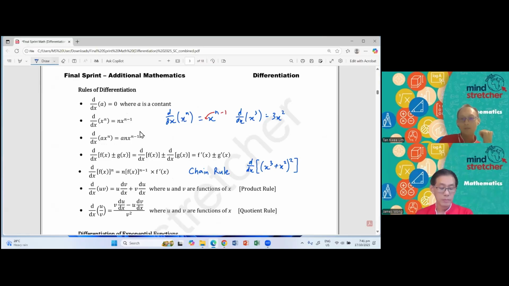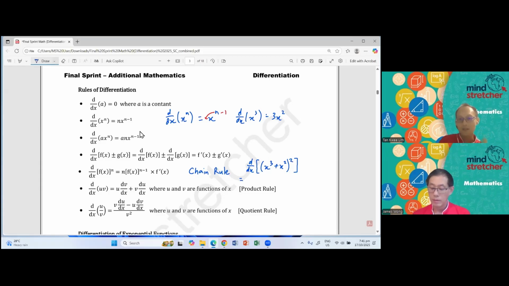What happens here is that you will have n times the function to the power of n minus 1, then multiplied by the derivative of the function, right?